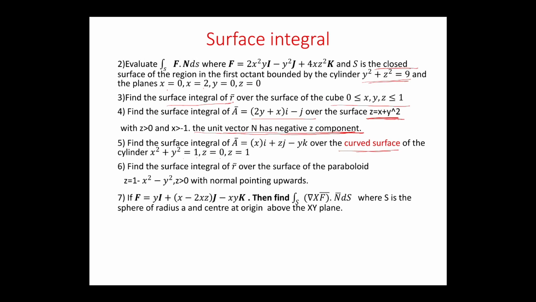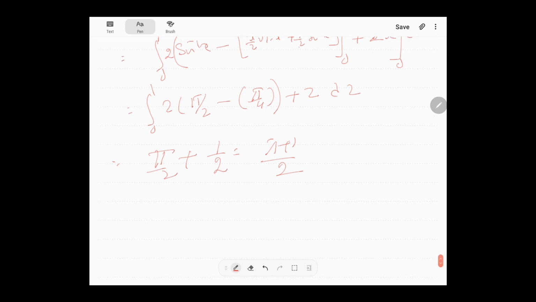In a similar way, you can solve these problems. I will just show you how to find the normal pointing outward. For the last one, z is equal to 1 minus x square minus y square.